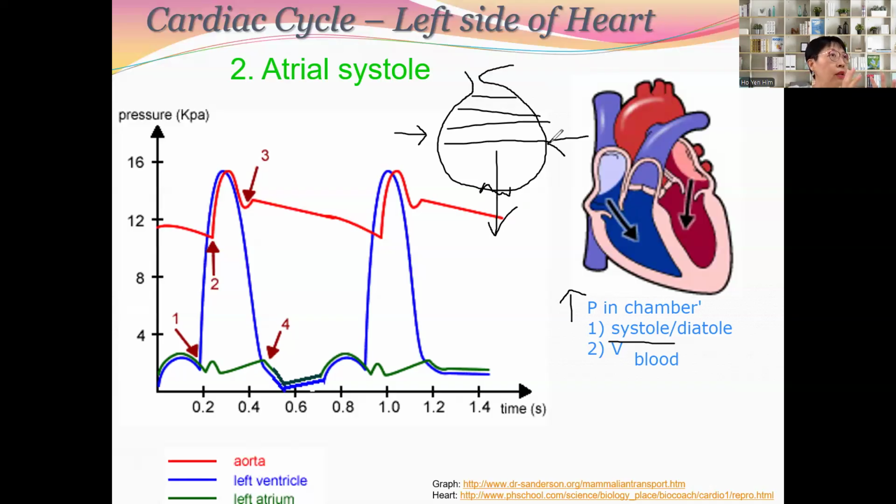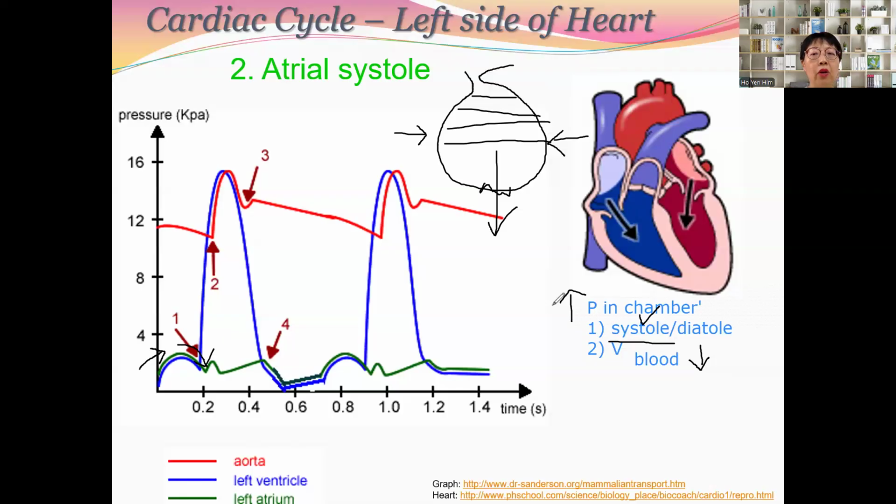It's becoming smaller and smaller, but the blood continues to flow out. So it is still systole, but the blood volume dropped so much that the pressure will drop already. I squeeze, the pressure increases as the blood goes out. But when enough blood goes out, I'm squeezing it, but the pressure drops already.